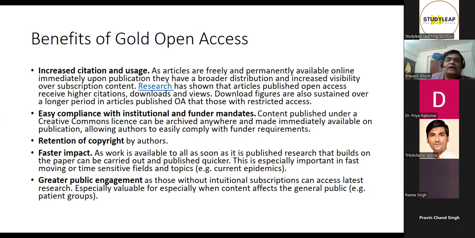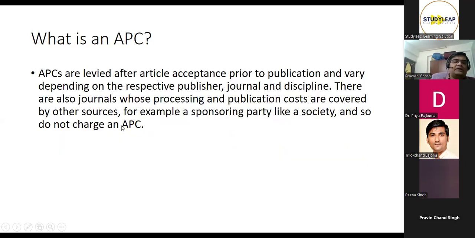Research has shown that articles published open access receive higher citations. This is why downloads and views, right? You can download only when views increase, when citations increase. Easy compliance with institutional and funder mandates. Retention of copyright by authors. Faster impact, okay, and greater public engagement.